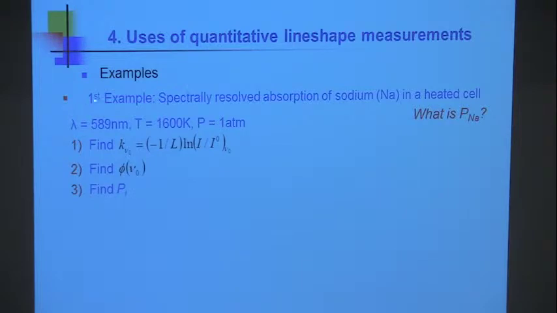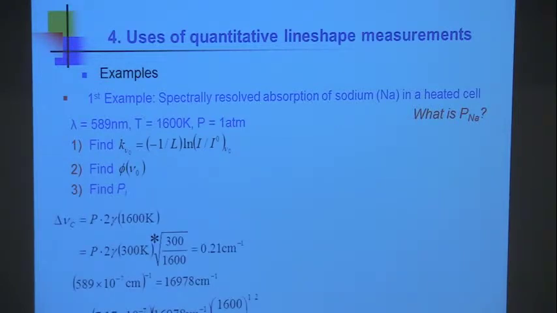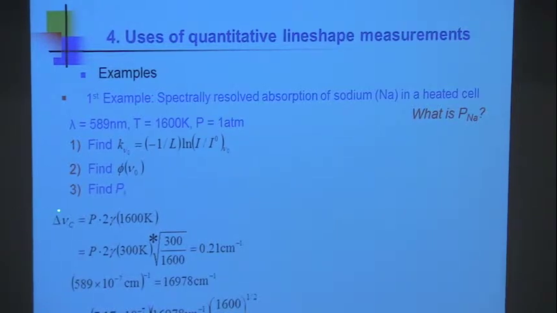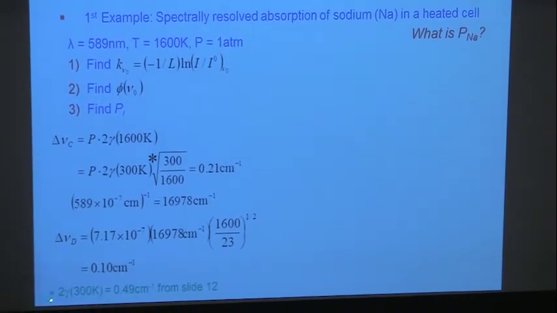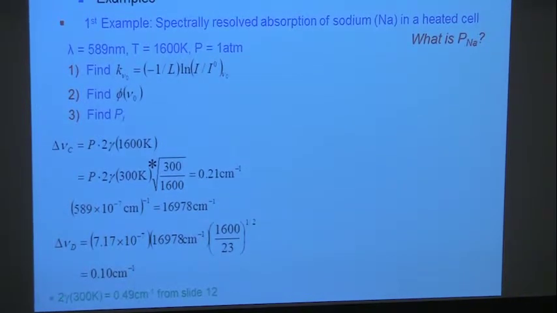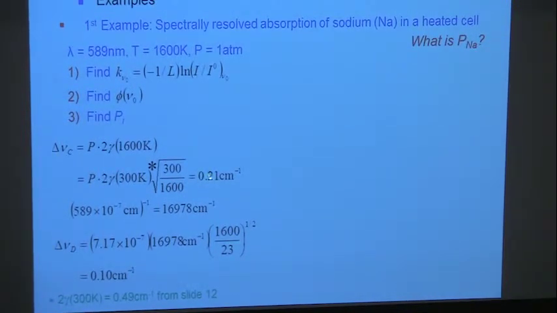You conduct an experiment and you measure the fractional transmission. Take the negative log, divide by L, and you've just found K. Now, in order to get back to the number density, we have to deal with the line shape function phi. Basically, here's the collision width. Since we know the temperature, and I know something about the collision broadening, I can solve for the collision broadening.